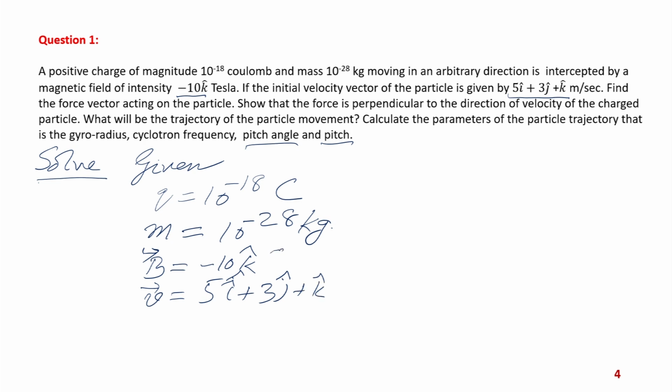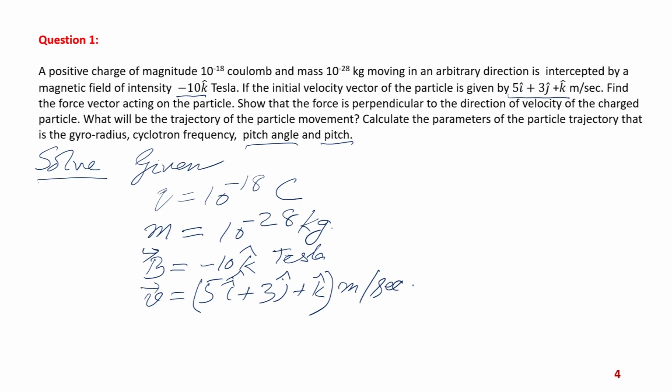This is in Tesla, which is the unit of magnetic flux density, Weber per meter square, and this is the velocity vector, in meter per second.